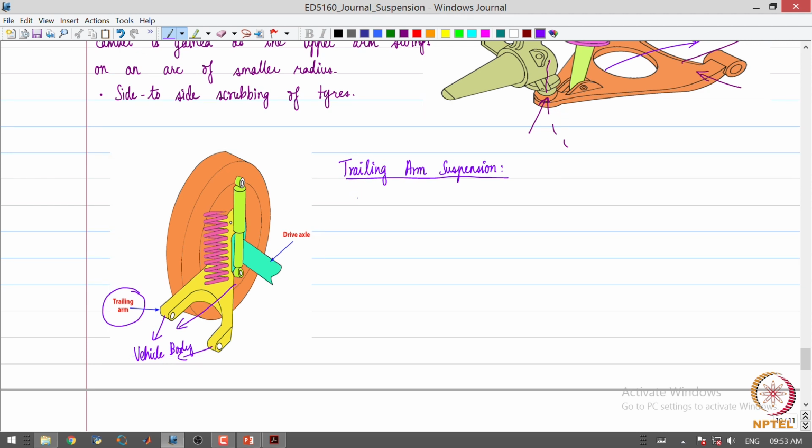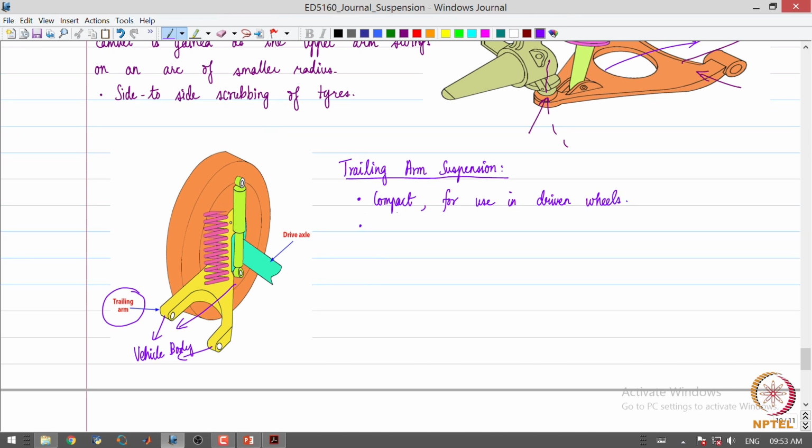What is the main advantage of this trailing arm suspension? It is pretty compact, and particularly if you want to use it for driven wheels, it is a reasonably good choice.